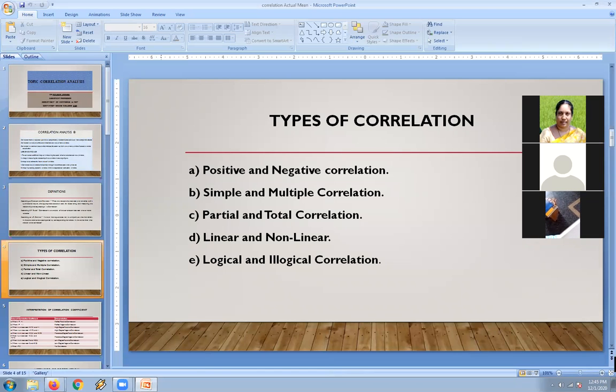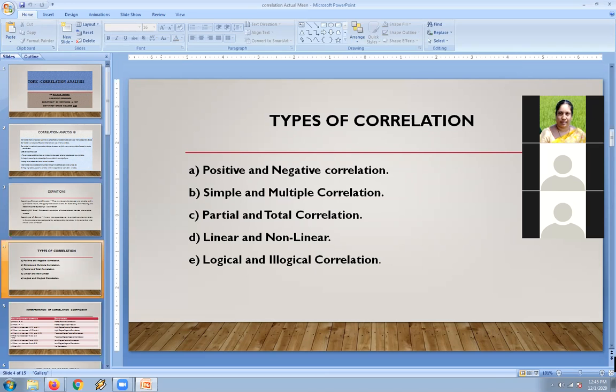The next category is linear and non-linear correlation. What do you mean by linear correlation? If the change in one variable is accompanied by the change in another variable in a constant ratio, be clear that the ratio is constant.